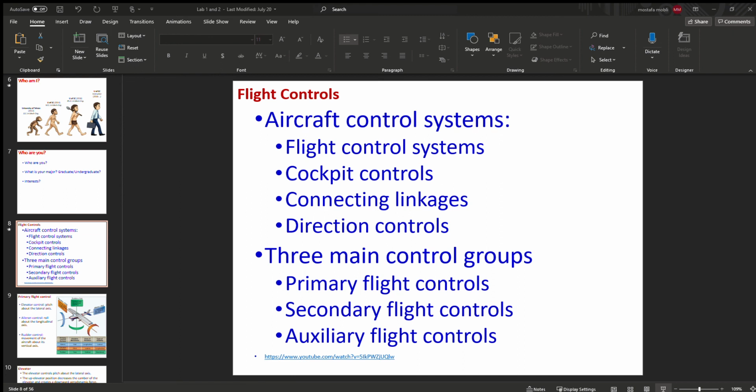It is trying to move the aircraft in the direction that you don't want to move, right? Because in this picture, essentially, you are trying to roll the aircraft or turn left, right? But it's not going to happen, or it's going to happen with more energy from the pilot because of this adverse yaw, right?